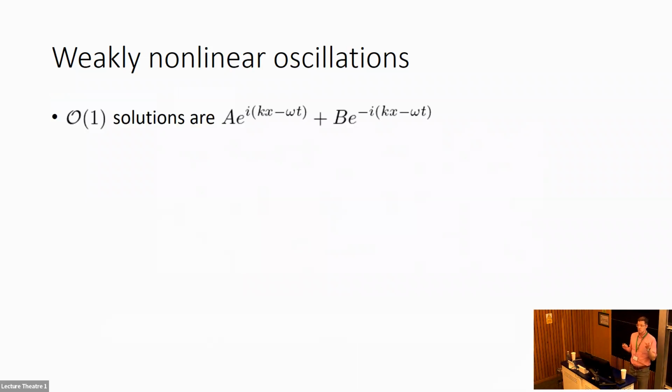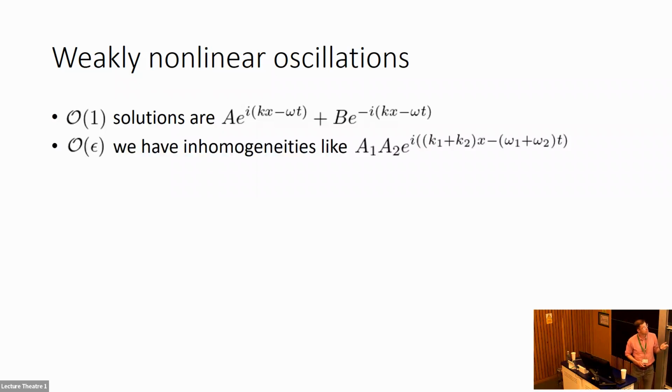What happens with these lower order solutions is that they appear as inhomogeneities. So you've got the free part, and then you've got inhomogeneities in your system. At the second order, those inhomogeneities are quadratic terms in your linear solutions.